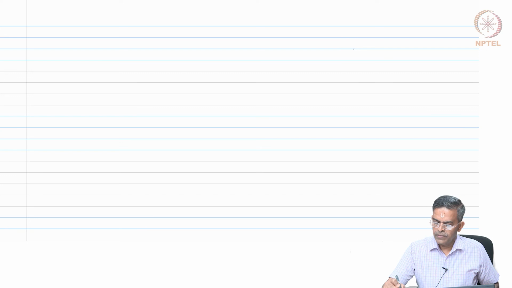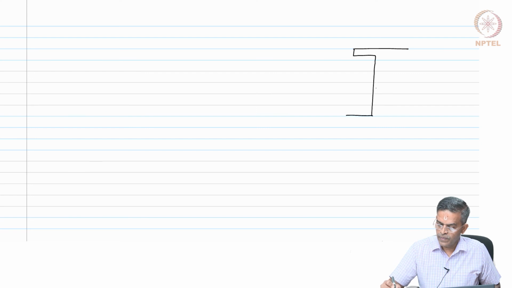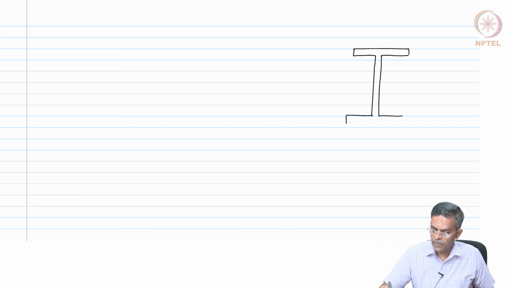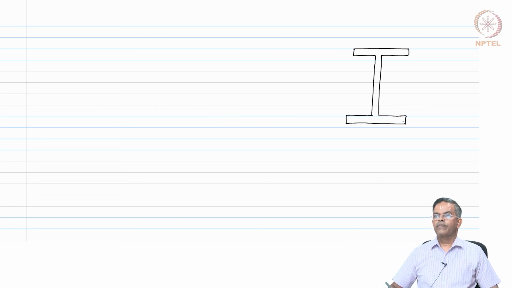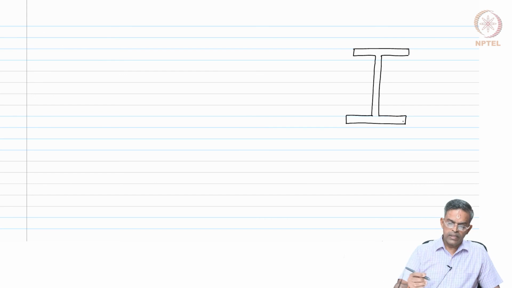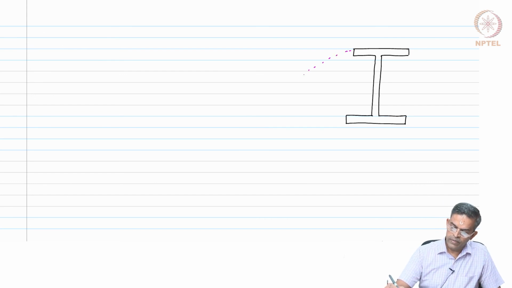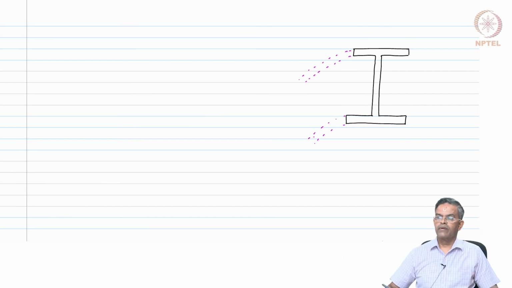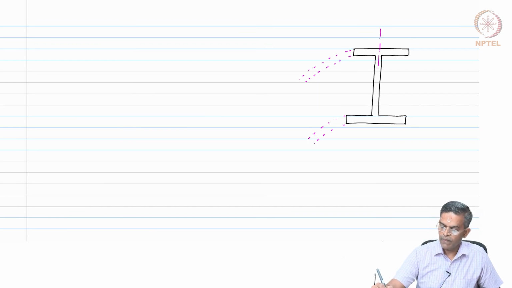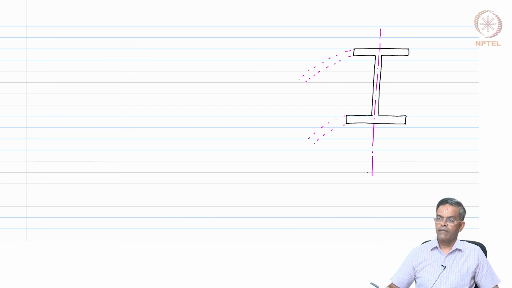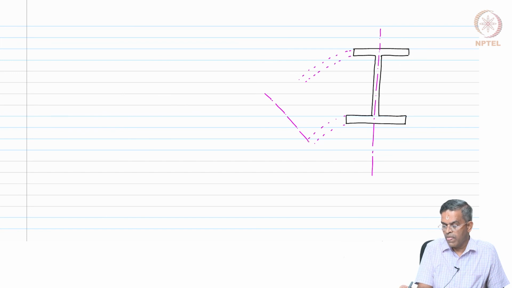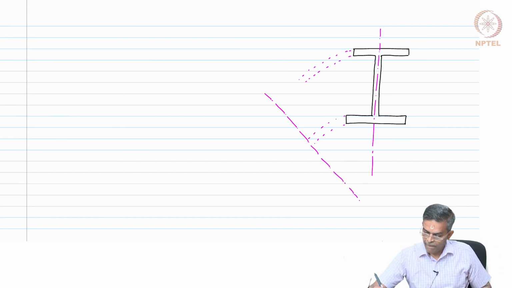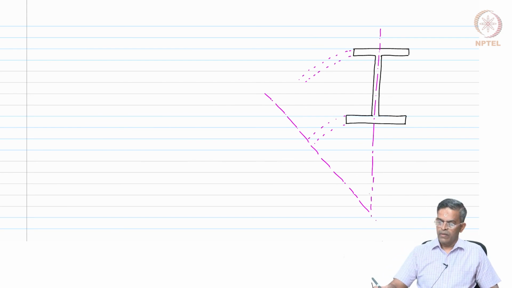So, the beam initially was like this. Let us say the beam is now deflected, rotated actually, by an angle phi.